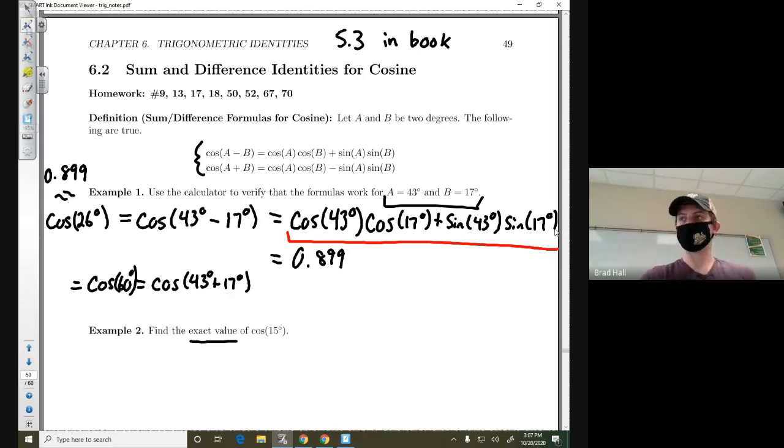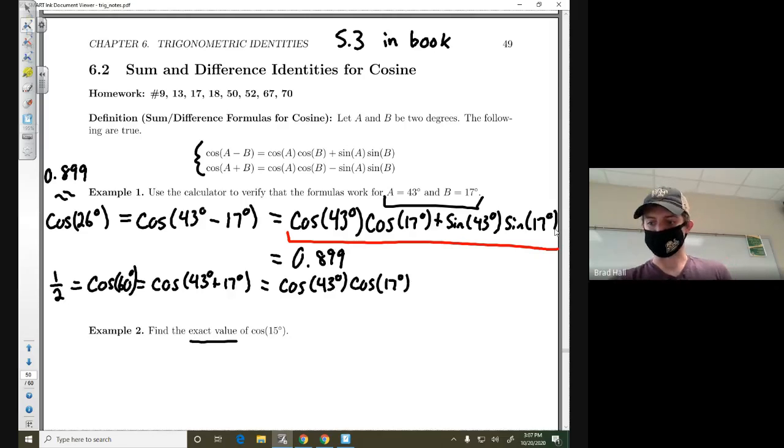That gives us a half. So this is saying whenever we plug in all the cosine stuff, but we change the plus sign to a minus, we better get a half. Someone already plugged this in? Assuming you did.